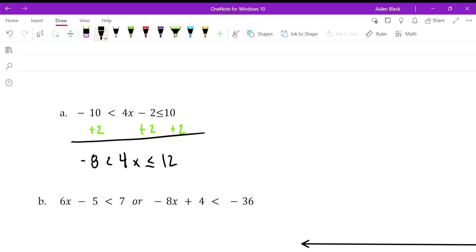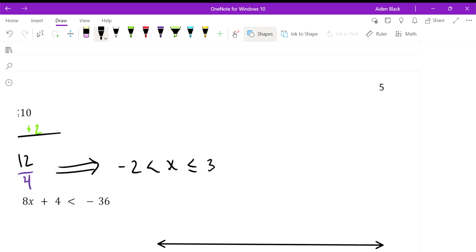So I've added 2 to each side of the inequality. Now I can divide everything by 4, and I get that negative 2 is less than x is less than or equal to 3.